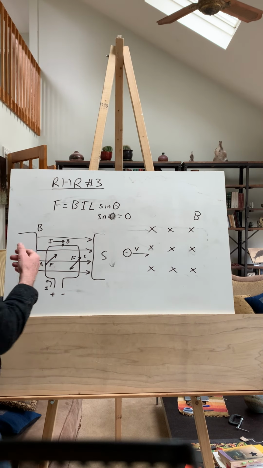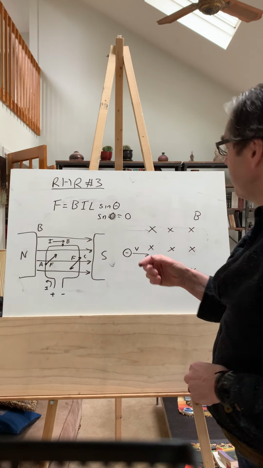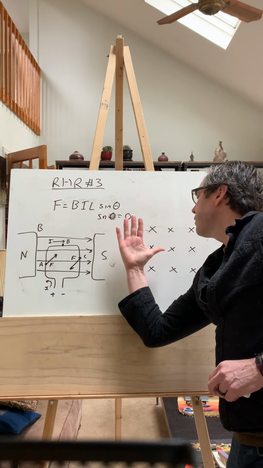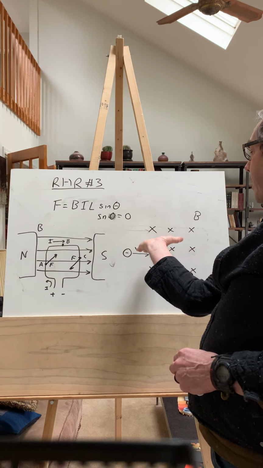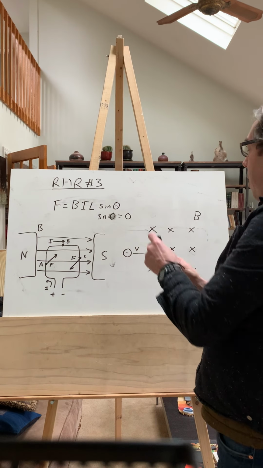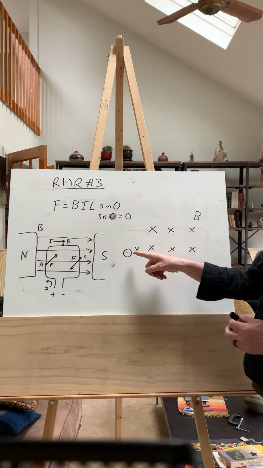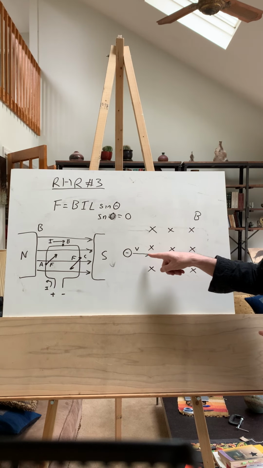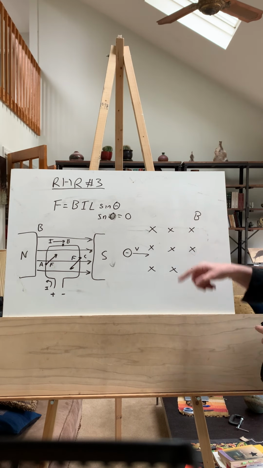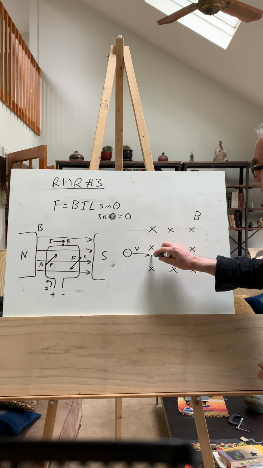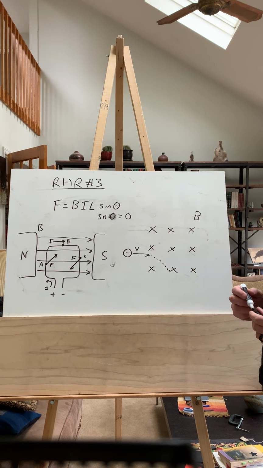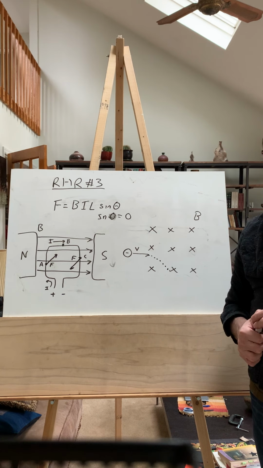The right-hand rule is going to tell us the force that it feels. And thumb goes in the direction of the velocity, fingers in the direction of the field, force comes out of the palm. So that means a proton would experience force upward. That's what the right-hand rule tells you. Since this is an electron, it's going to experience force downward. And that will be a key to one of the Pearson problems.